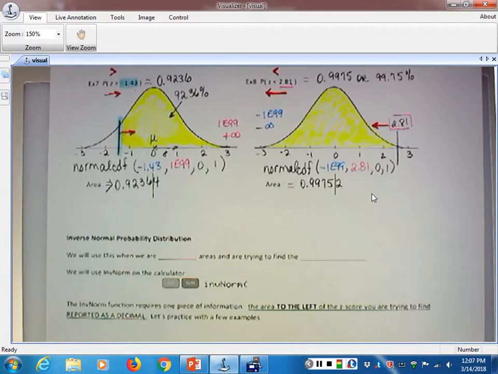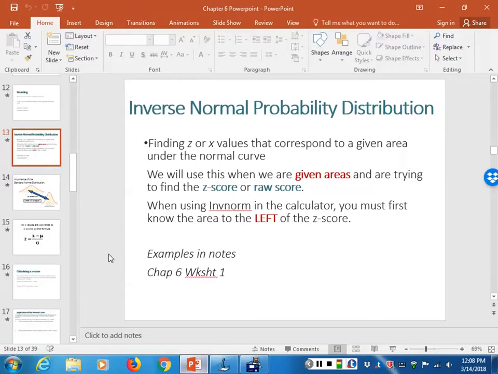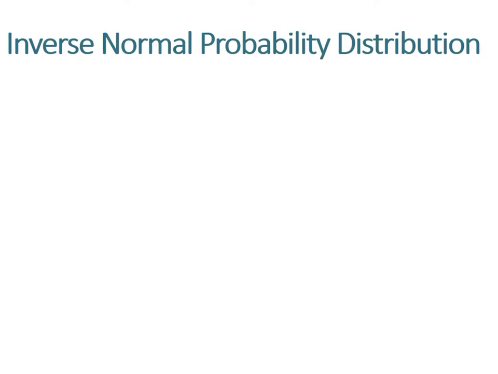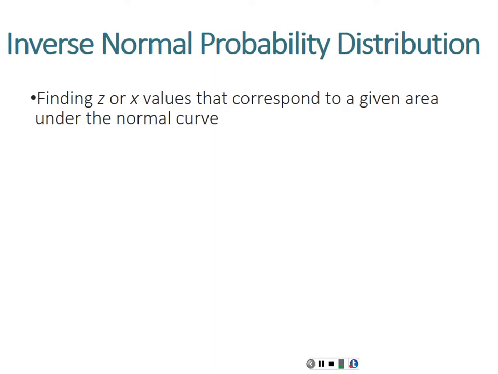Okay, the next thing we're going to talk about is something called inverse normal probability. This is going to be where we're going to find z values or x values. Up to this point, we've mostly found probabilities. Z values or x values that correspond to a given area under the normal curve.